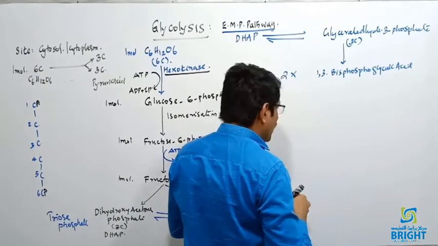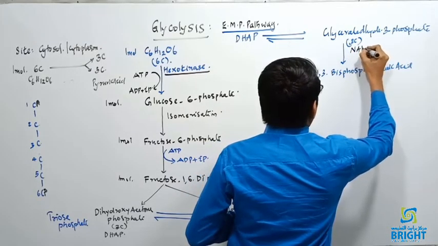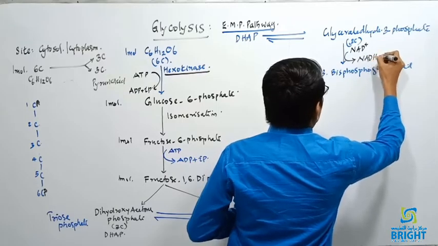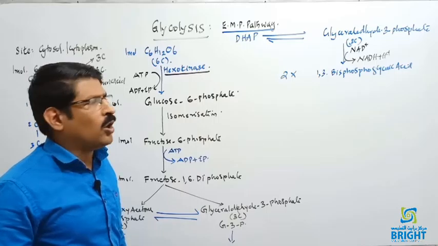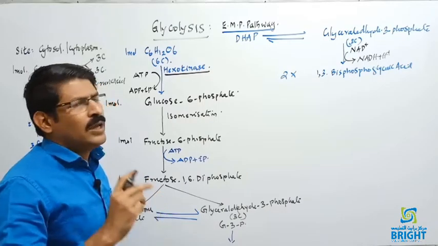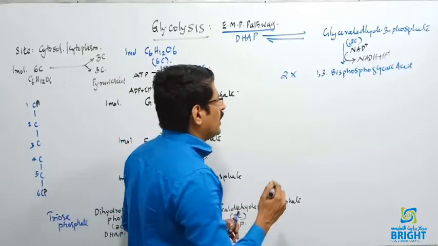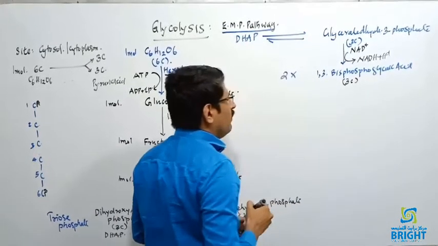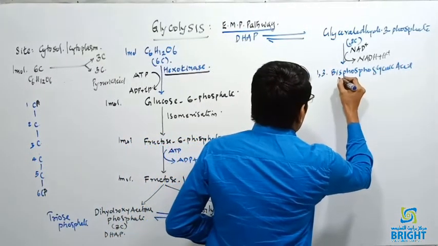Along with this, it is an oxidation process, so one molecule of NAD plus is converted into NADH plus H plus. The energy value of one molecule of NADH plus H plus is equivalent to 3 ATP, that we will study in the coming stages. And 1,3-bisphosphoglyceric acid is a 3-carbon compound.